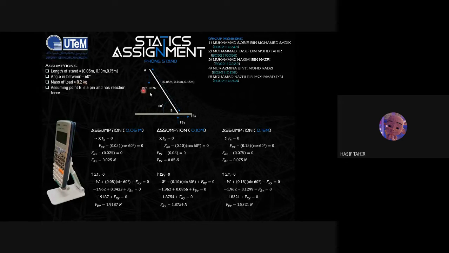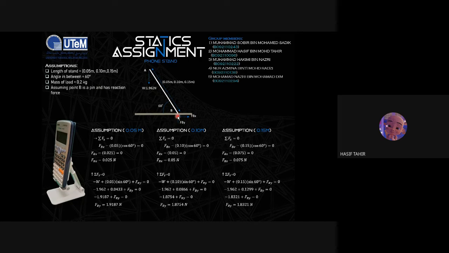At the point B, we assume point B is a pin and has reaction force. We fix the value of the angle between the base and the stand at 60 degrees. There will be two axes, x-axis and y-axis.